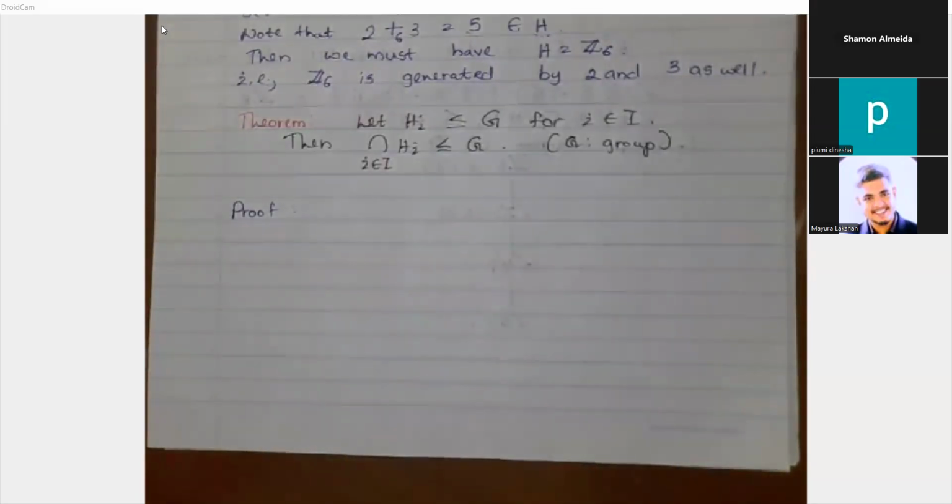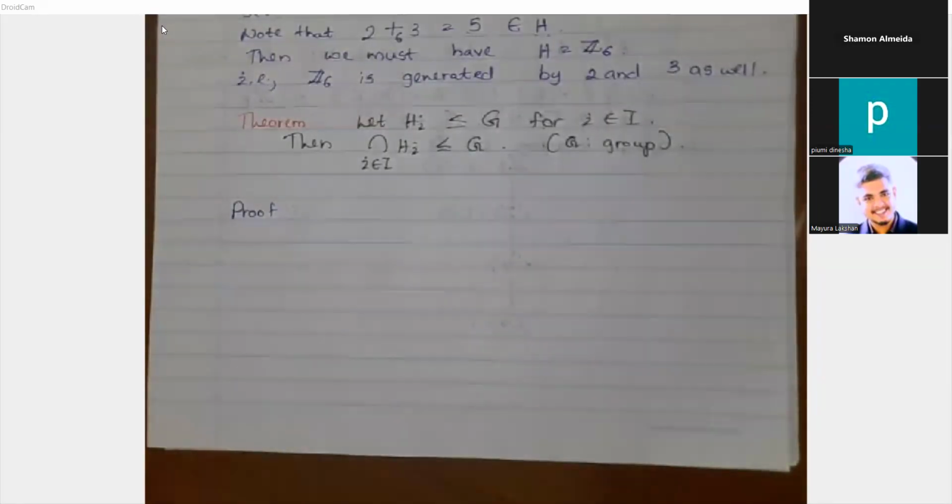The identity is there. How do you say that the identity is in there? Identity is an element in the capital I group.